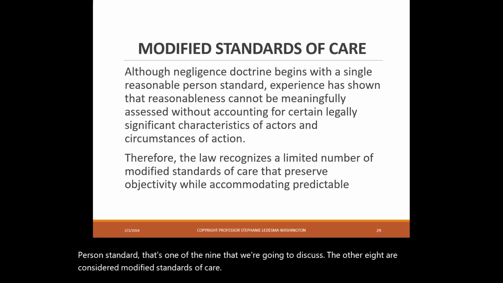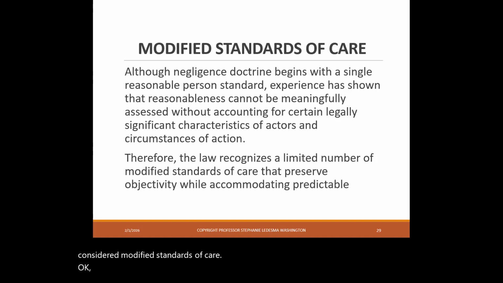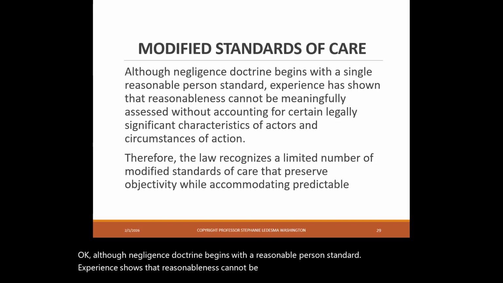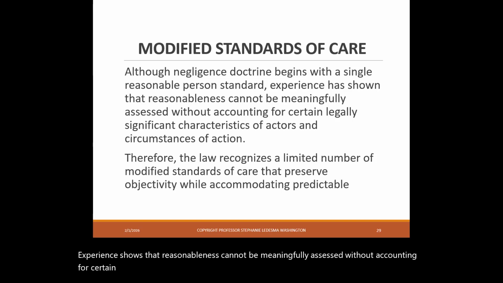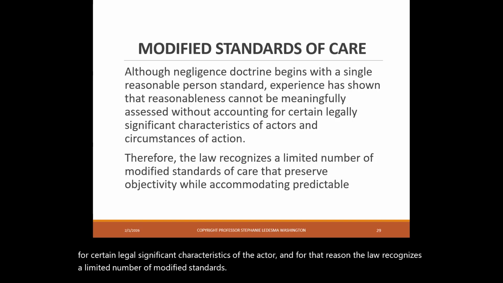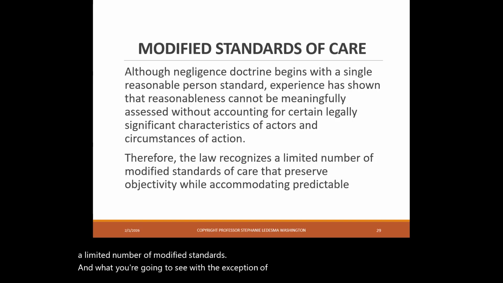Although negligence doctrine begins with a reasonable person standard, experience shows that reasonableness cannot be meaningfully assessed without accounting for certain legally significant characteristics of the actor. For that reason, the law recognizes a limited number of modified standards. With the exception of one of the 8, the standard is not being modified.